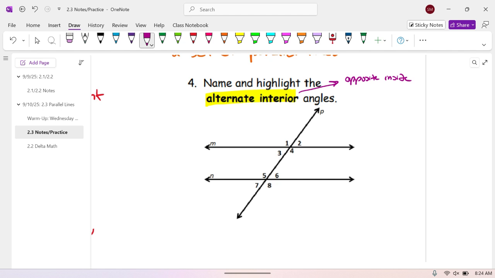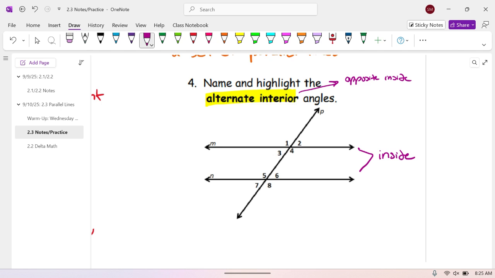Can someone name me one of them? 3 is. So 3 is one of my inside angles. Any of the angles that are between the 2 parallel lines are the inside. This area right here is the inside or the interior. Now, 1, 2, and 7, 8 are known as exterior angles.